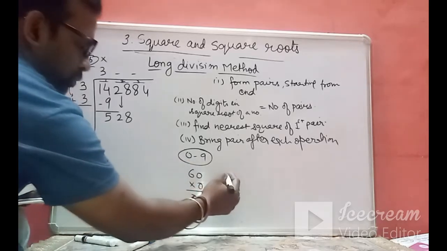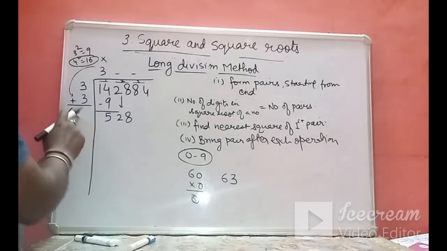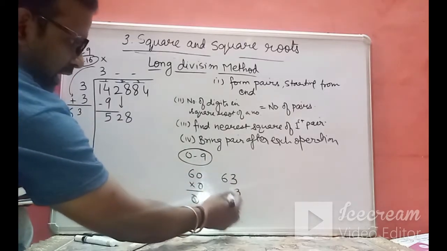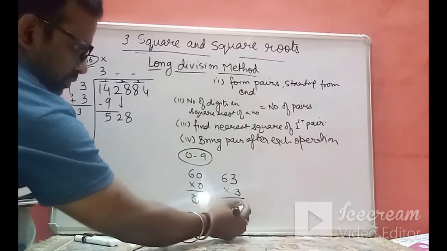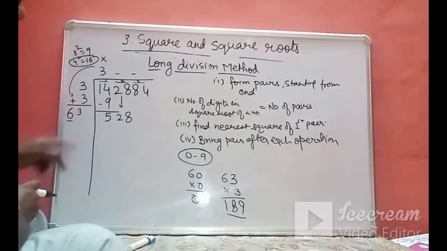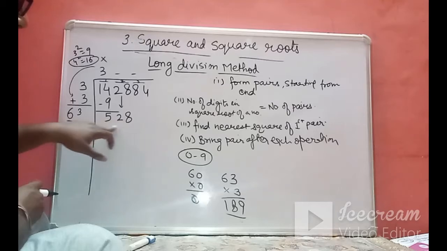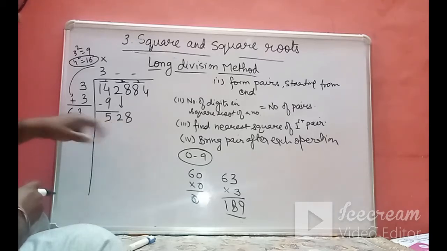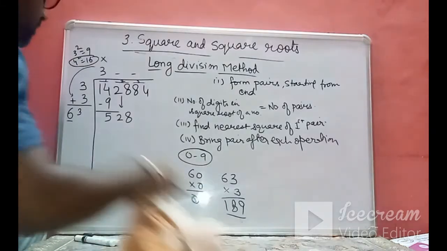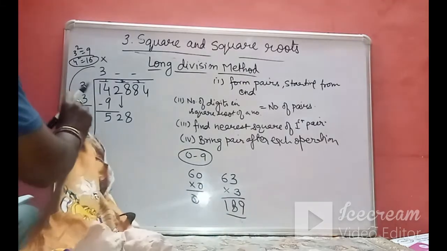Suppose you put 3 here, you have to multiply it by 3. In this way we will proceed and find a number either equal to this or nearest to this. Suppose I have checked till 3, now it is less than, so I will check.